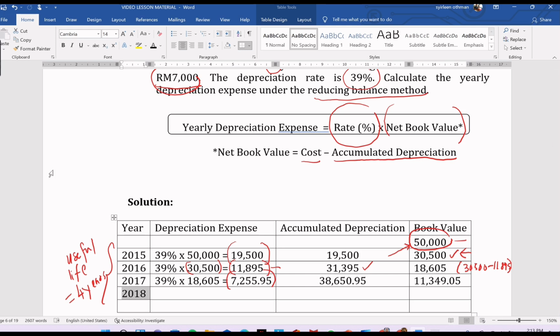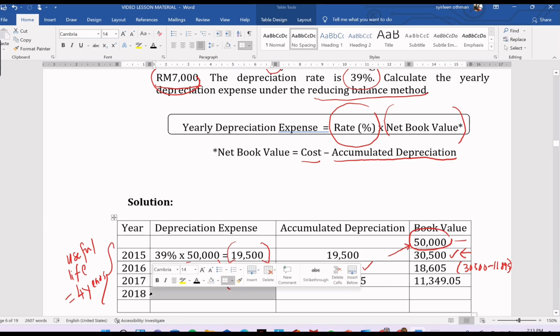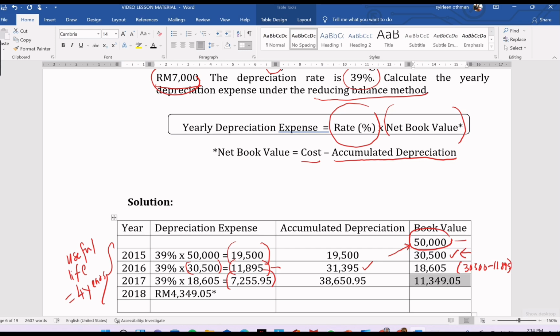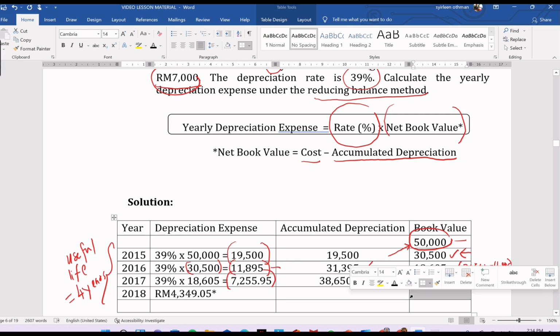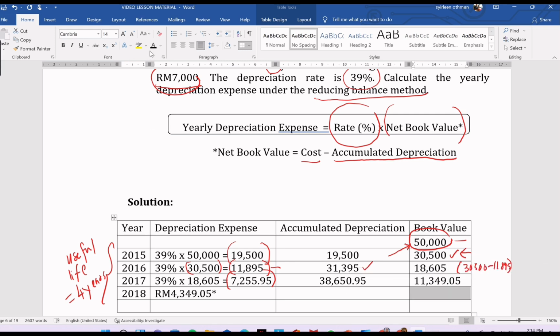Alright, so in 2018, you'll do the same thing, which is we multiply 39% times 11,349 ringgit and 5 cents. But for the final year, we won't be doing that because I need to make sure I am left with only 7,000 towards the end.